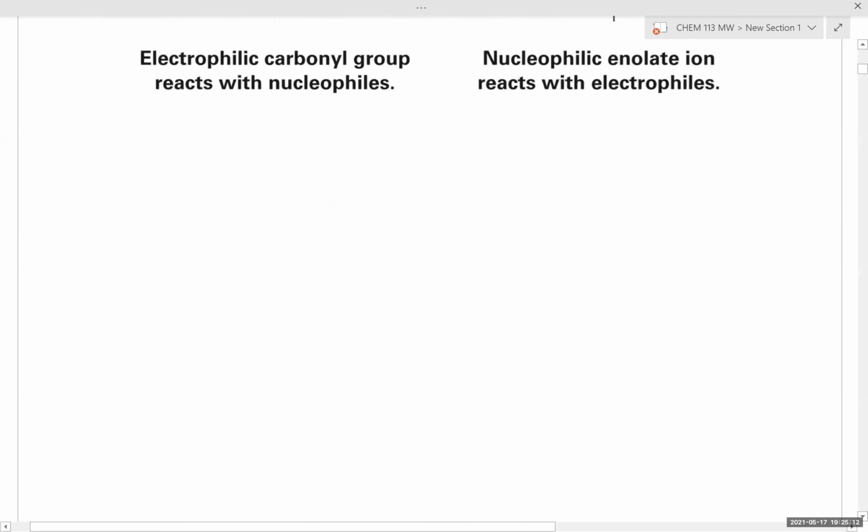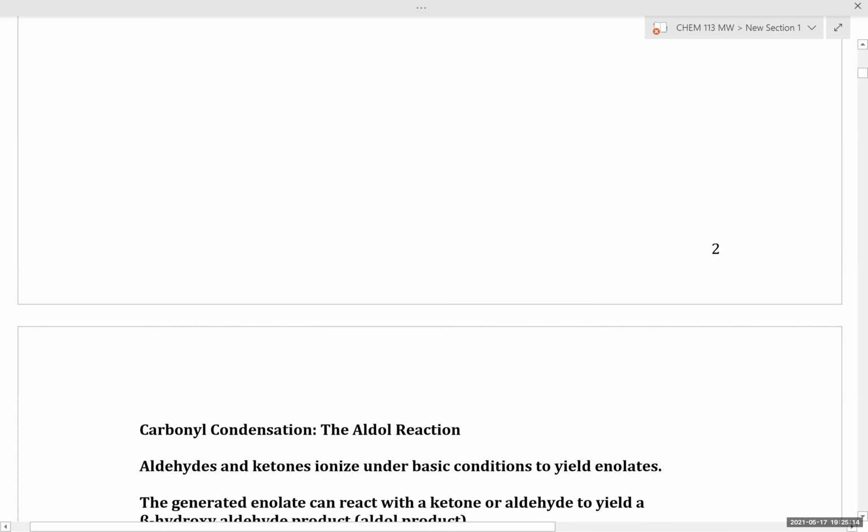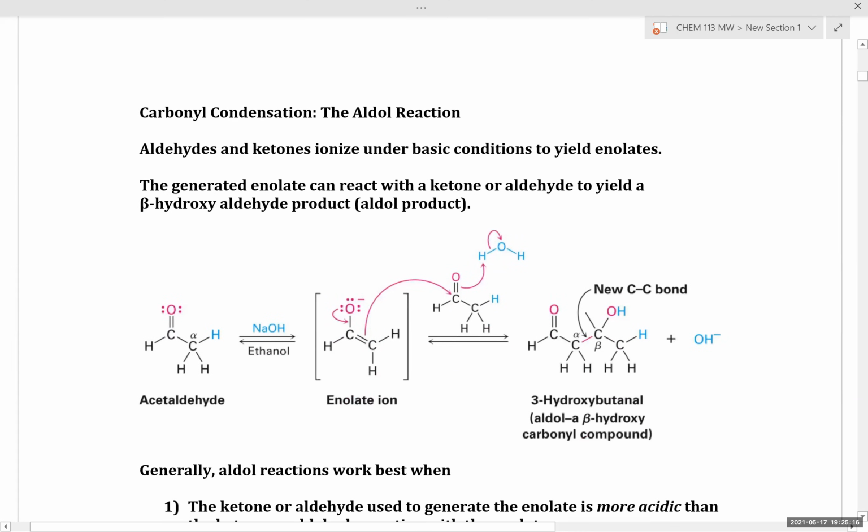Okay, so as carbonyls can function as both nucleophiles or electrophiles, we can take carbonyls and subject them to reaction with other carbonyl containing compounds.